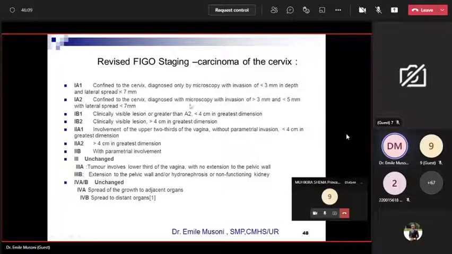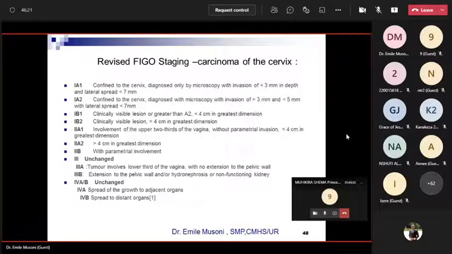The pathologist is qualified to add the extent of the tumor staging in the report. For example, advanced can spread to adjacent organ or spread to distant organ.